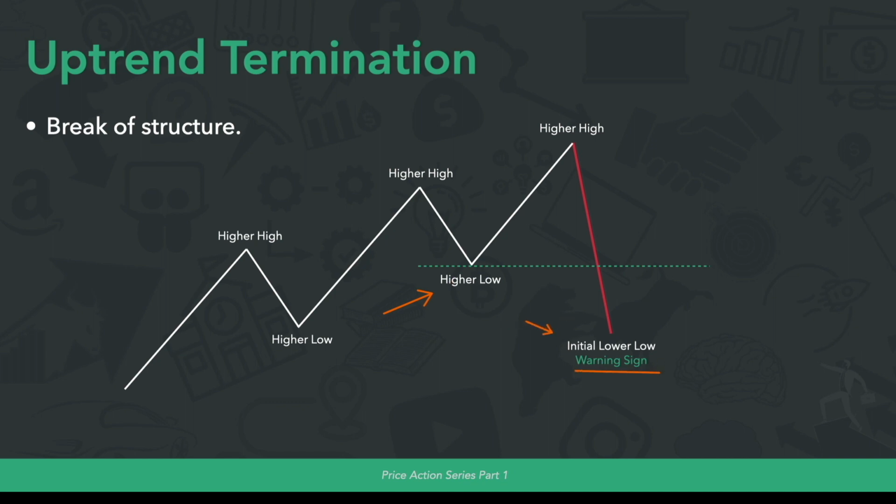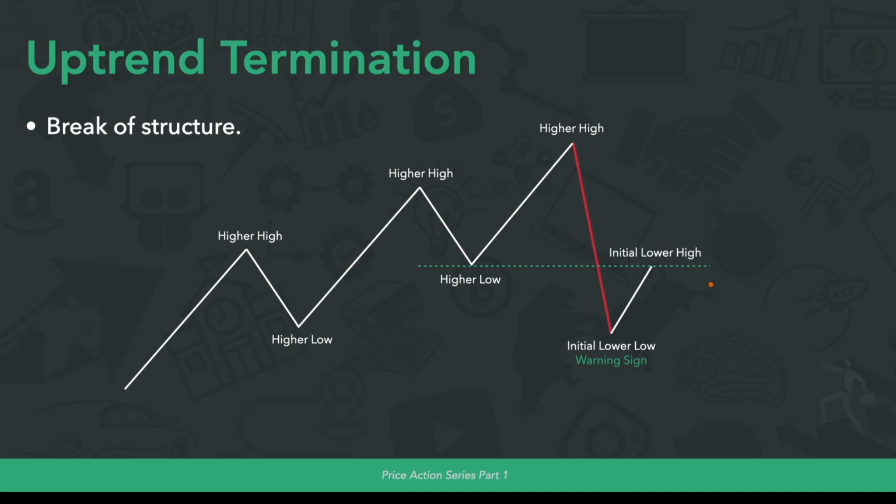Ito yung warning sign sa atin na, okay, kung naka-long ka or may buy position ka dito sa trend na to, pwede mong i-manage yung trade mo, right? So, kasi possible magkaroon na tayo ng reversal. Okay? So, once we break that level, magkakaroon tayo ng initial lower low or our warning sign. And then, possible na magkaroon tayo ng initial lower high.